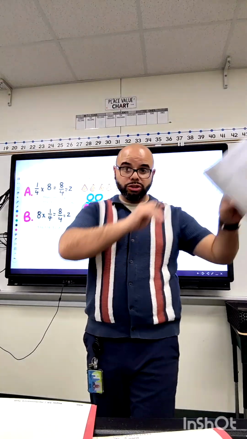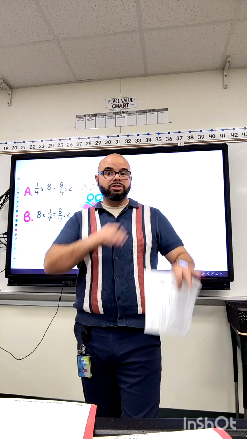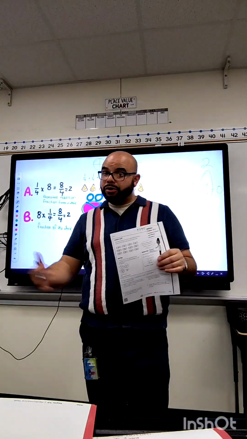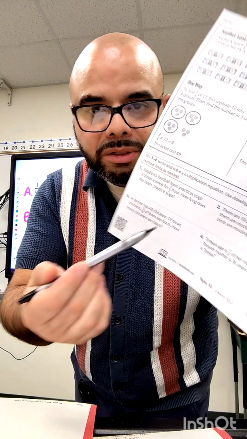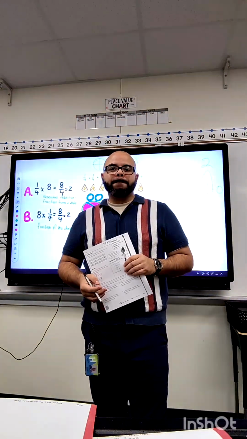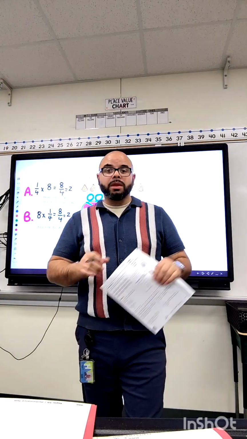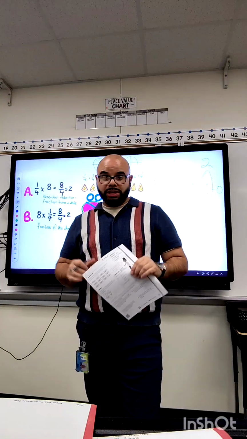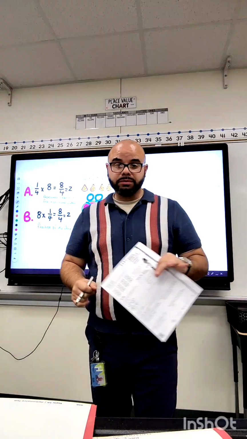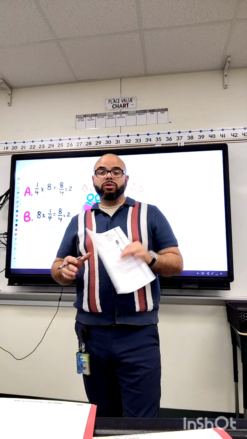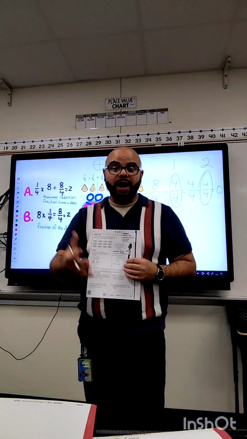How do you get 8? Because the denominator tells you it's 8. So you make your 8 equal groups. You distribute the chickens evenly. It has to be equally, right? Into the 8 groups. And then you start to demonstrate the fraction.